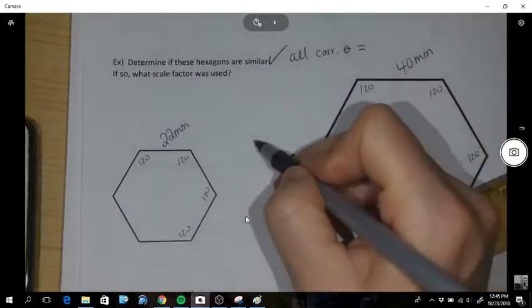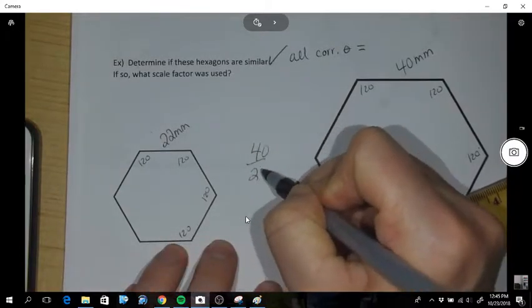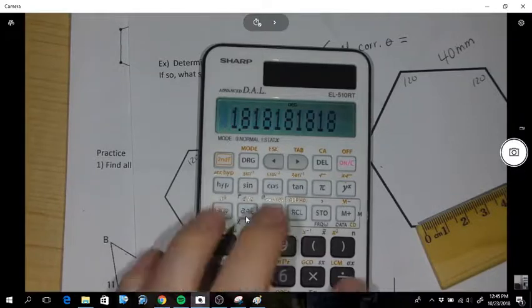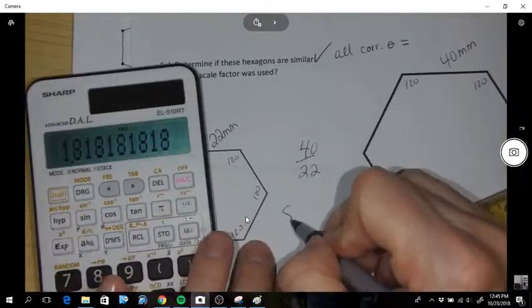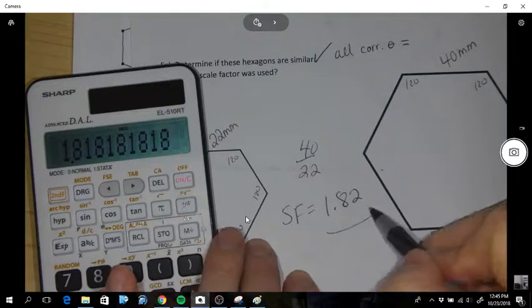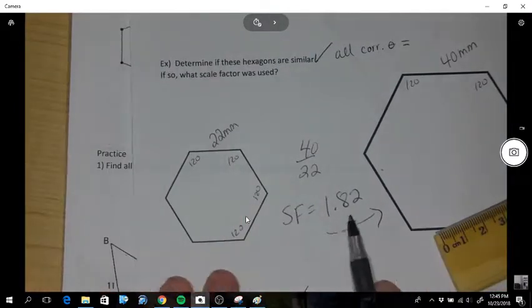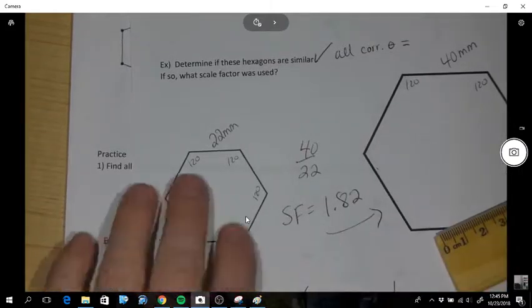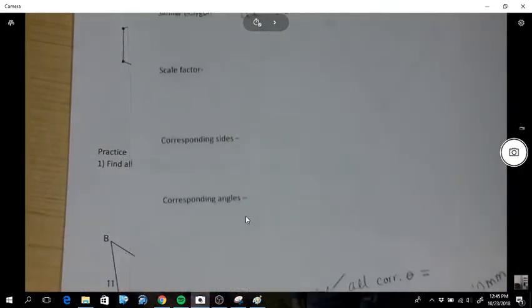So I'm going to go 40 divided by 22. So 40 divided by 22. And my scale factor is that this object is 1.82 times larger than this object. Okay.